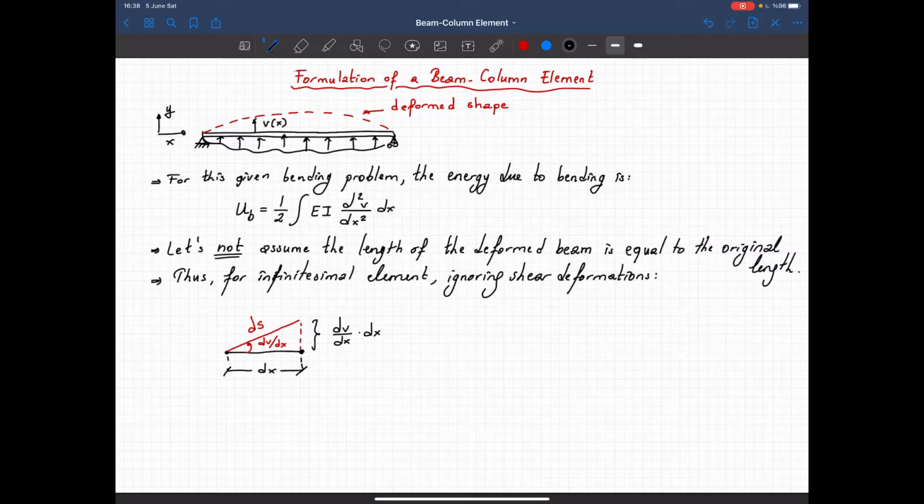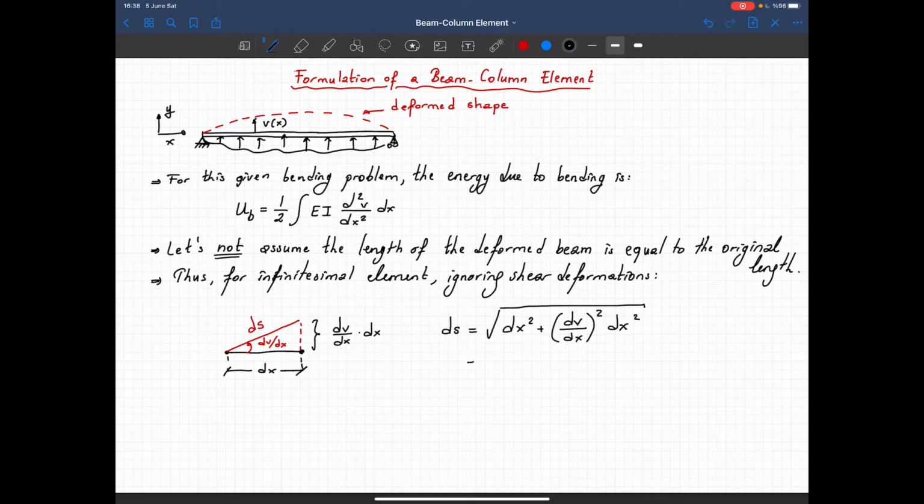Now if you calculate the length of this, ds will be equal to the square root of dx squared plus (dv over dx) squared multiplied by dx squared. So that's the length of the deformed shape for an infinitesimal element.